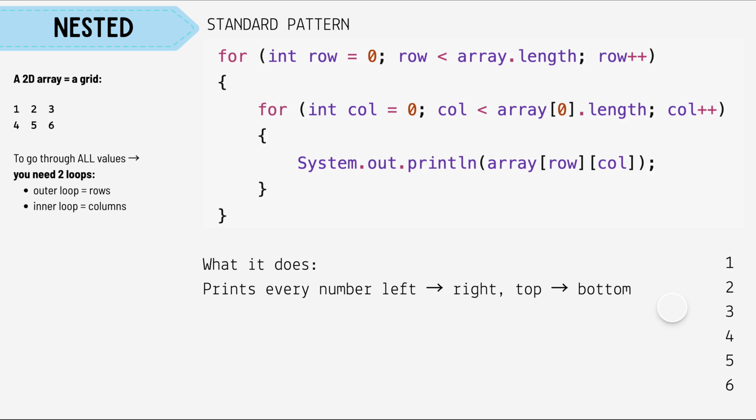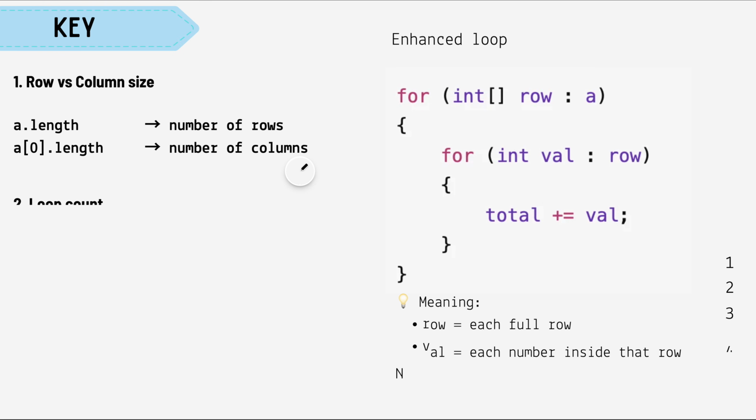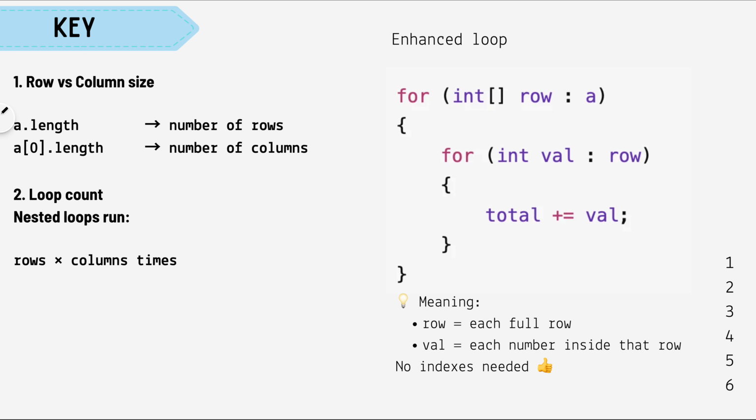So to go through a 2D array, you would use a nested for loop to go once through the rows and then once through the columns and just keep printing out. An enhanced for loop is another way you can go through. Remember, to find the number of rows in a 2D array, it is a.length. To find the number of columns, it's the length of the 0th array.